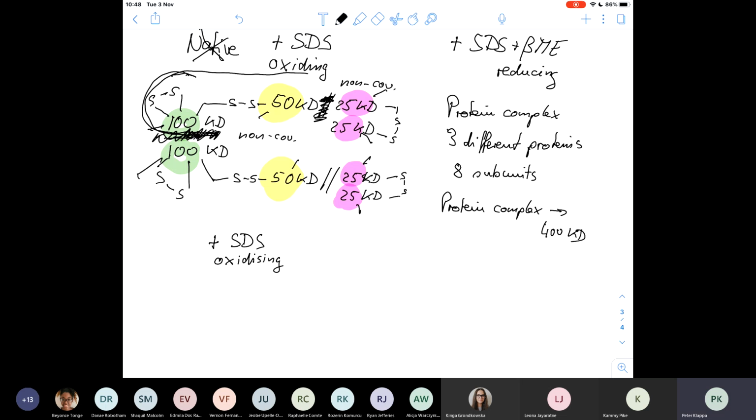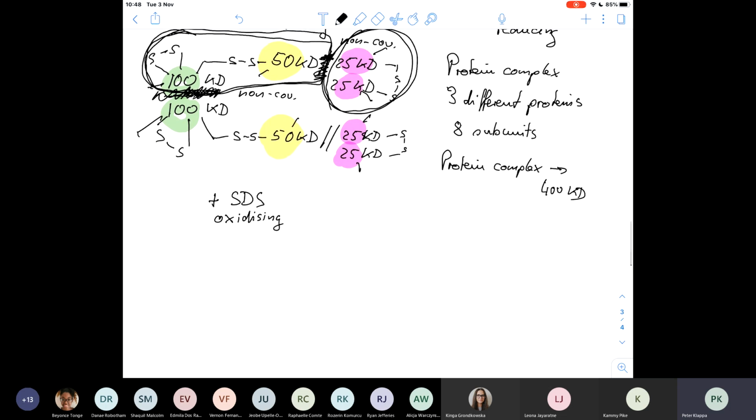So we would get this one here, then I'm just circling, we would get this bit here, and we would get this twice. Absolutely. So we would get 150 kilodalton, and we would get 50 kilodalton.